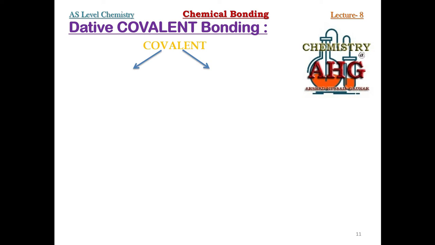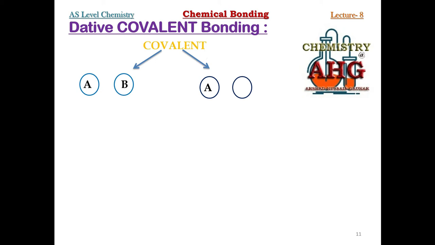Now what you must remember, whenever a covalent bond is formed, always two atoms are involved. Whether it is simple covalent bond, two atoms A and B are involved, and if there is the formation of dative covalent bond, even then there are two atoms involved in the bond formation.